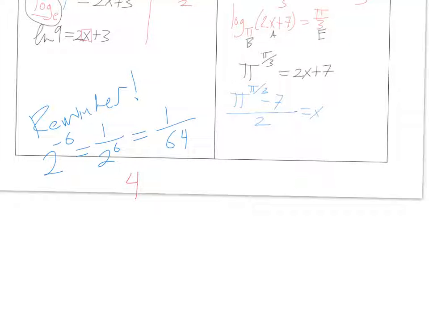So if I've got something like 4 to the negative a half, that would be 1 over 4 to the half. But a fractional exponent can be expressed as a square root in the case of a half. So this would end up being 1 over 2. Fractional exponents always end up as radicals, and you can convert back and forth between them to help figure out what's going on there.